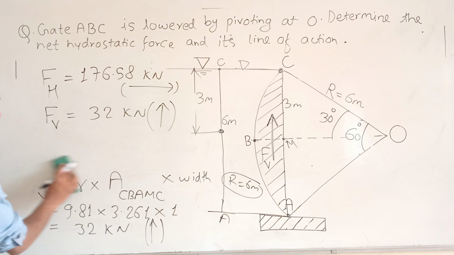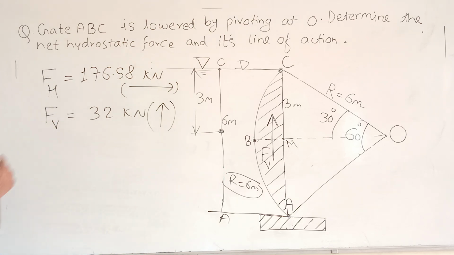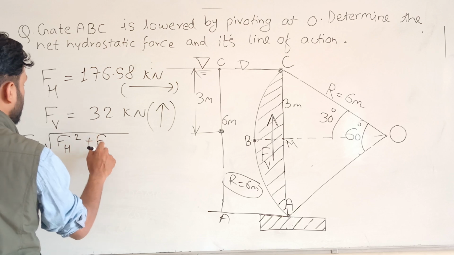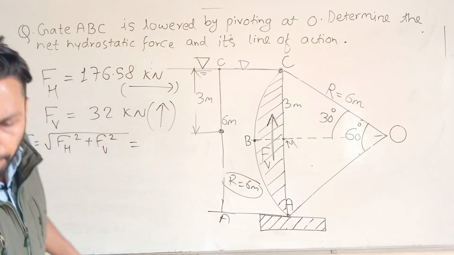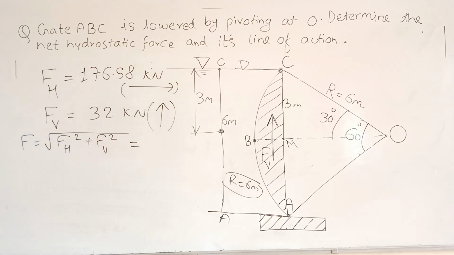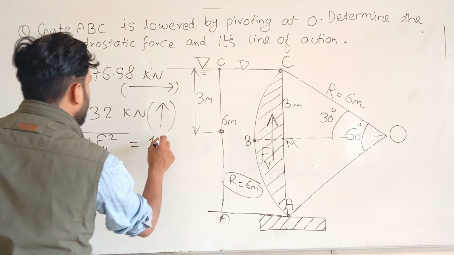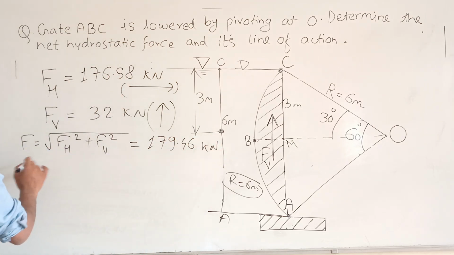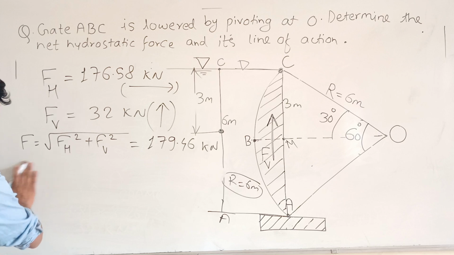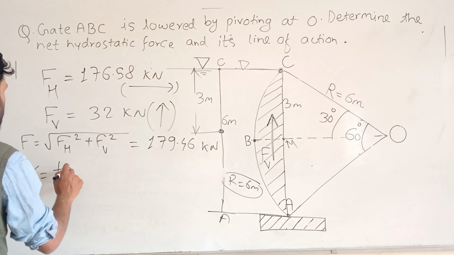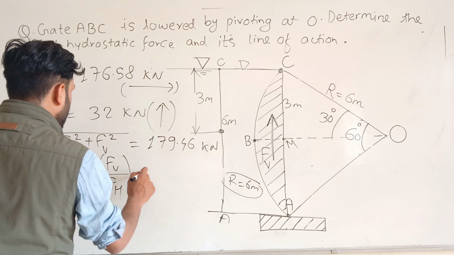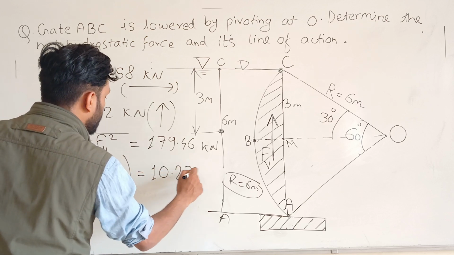The resultant force is found using the formula root of Fh square plus Fv square, which is 179.46 kilonewton. The line of action alpha is tan inverse of Fv by Fh, which is 10.27 degree.